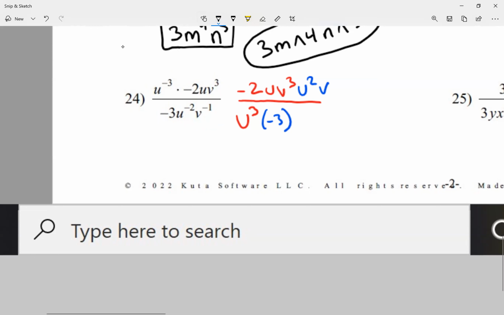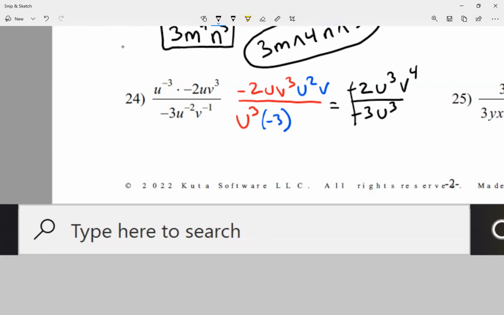So let me simplify. Looking on the top, just the top. Number-wise is just a -2. When it comes to U, I have U to the third. When it comes to V, I have V to the fourth. Notice I added the exponents on U, I added the exponents on V. At the bottom, I have a -3 U to the third. All right, now the final simplified. The negative signs cancel out, so that's great.